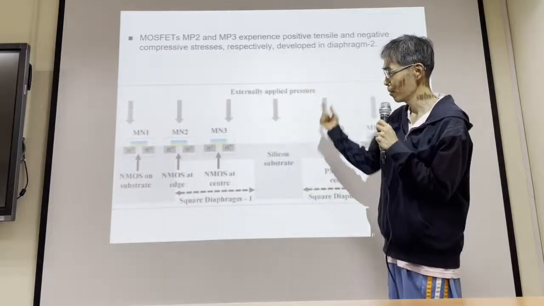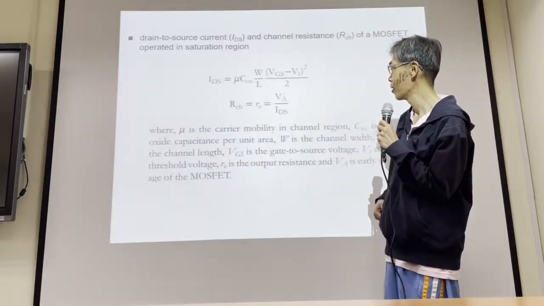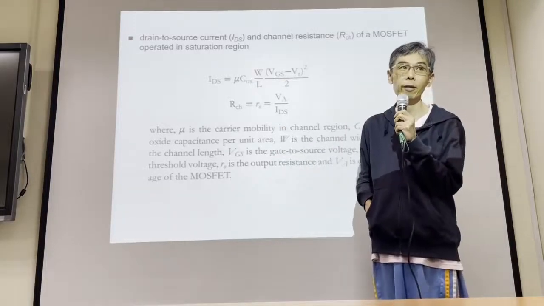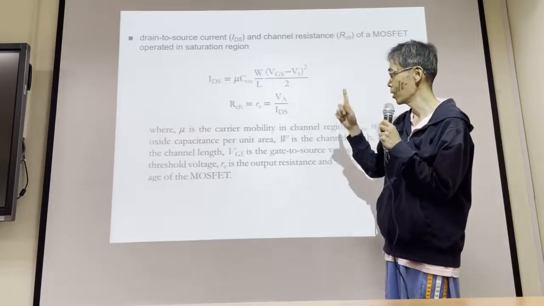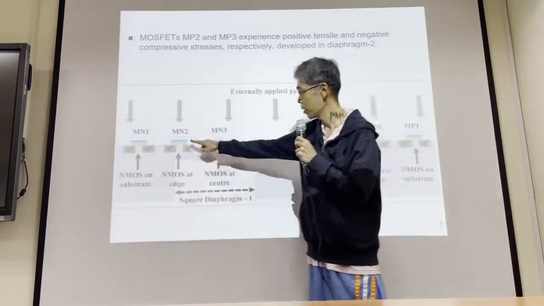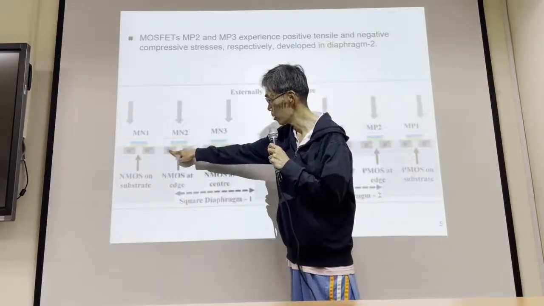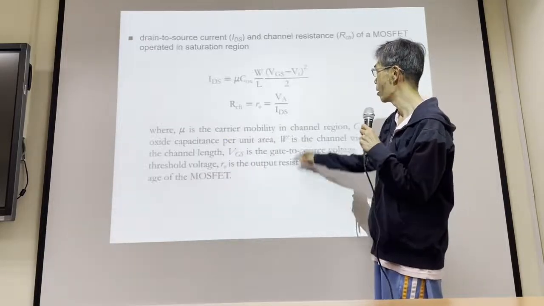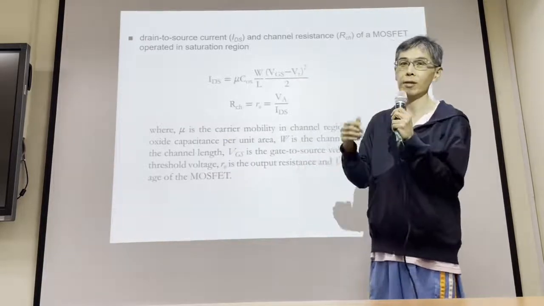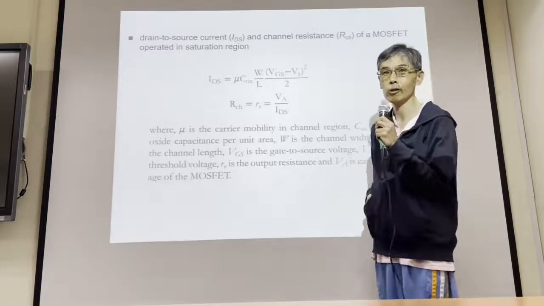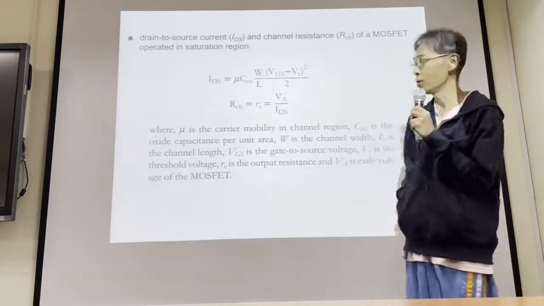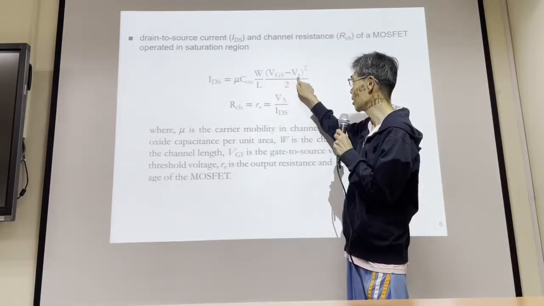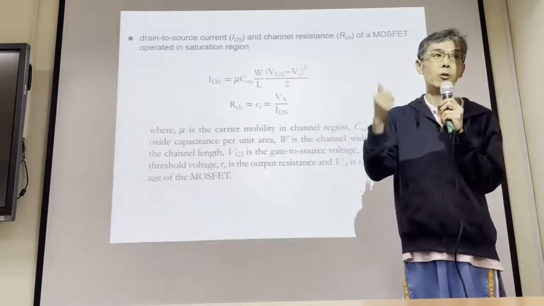Okay. Next. And VGS is the voltage you applied between gate and source. This is gate, this is source. Okay, next. And VT is just a constant voltage. For VGS greater than VT, your device can work.